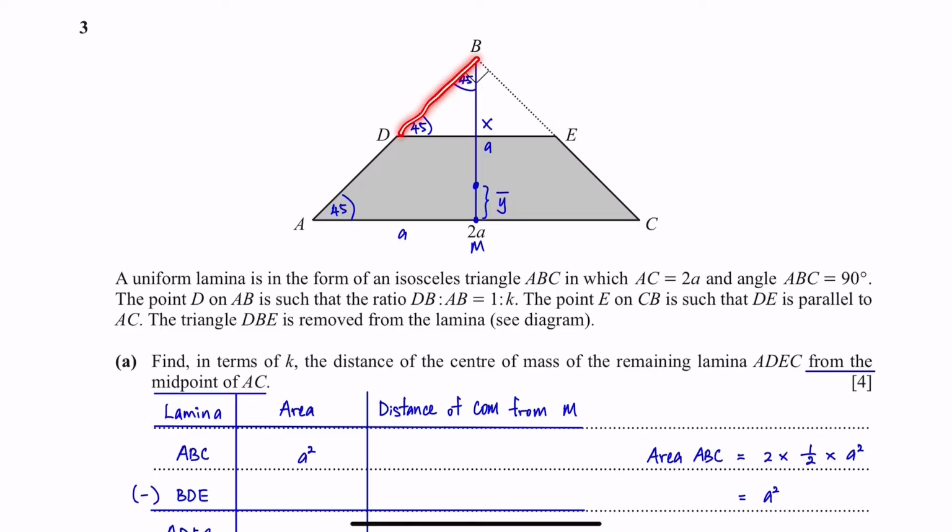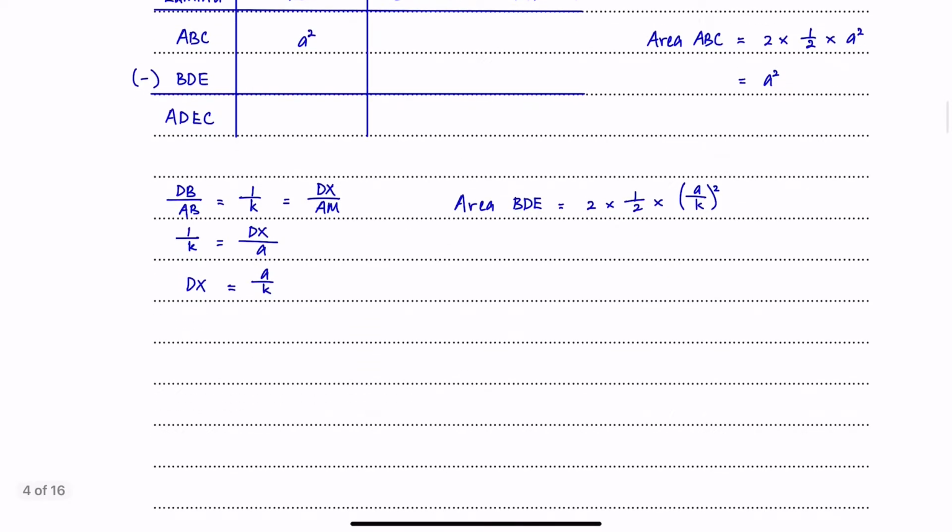So this would be half times A over K squared, and this whole thing would be 2 times half over K squared. So this would be A squared over K squared.